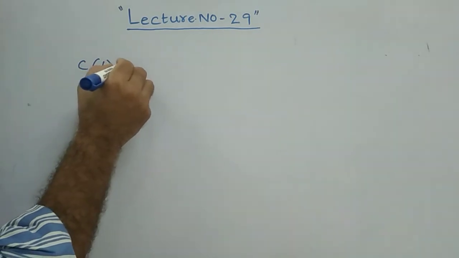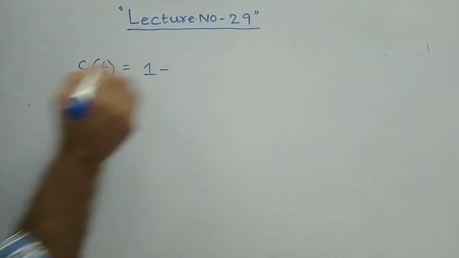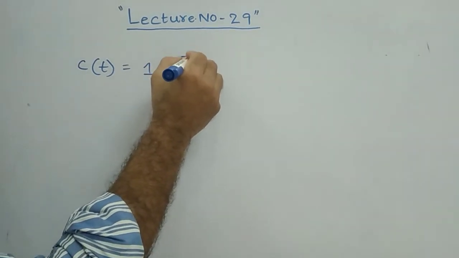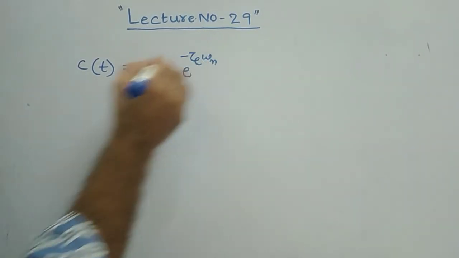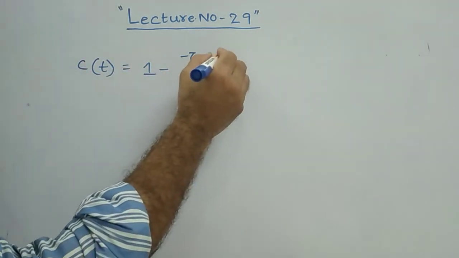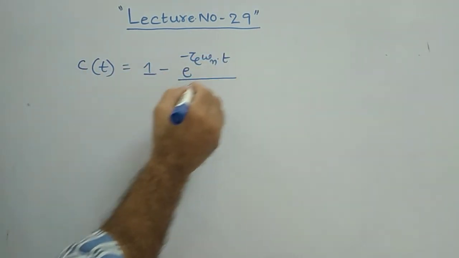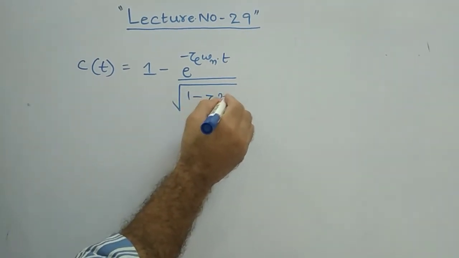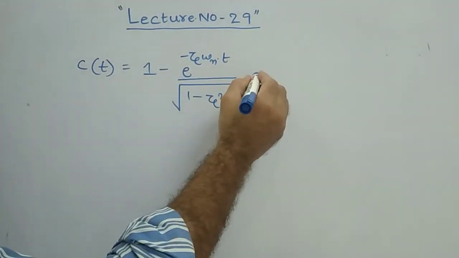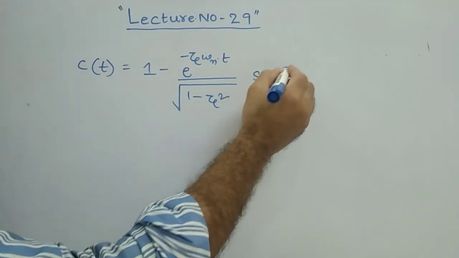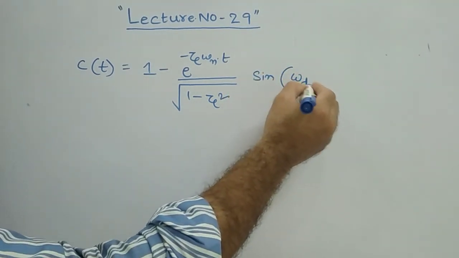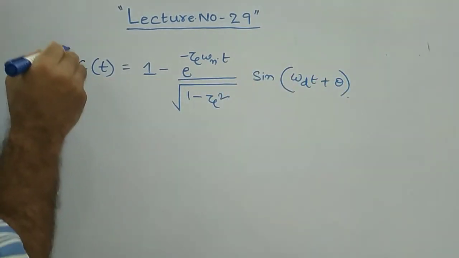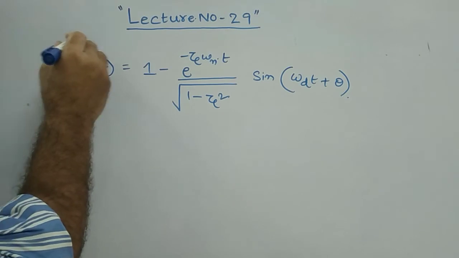Basically C of t is equal to 1 minus, you will get finally e power minus zeta omega n into t by square root of 1 minus zeta square, sine of omega d times t plus theta. This is your final expression actually. This is the time response.